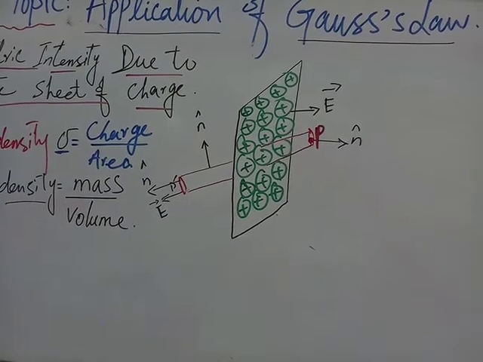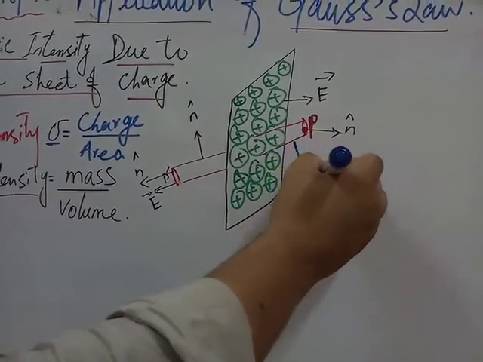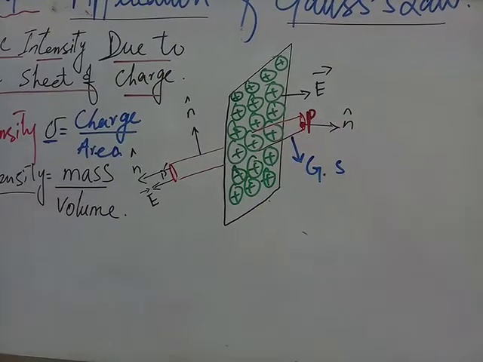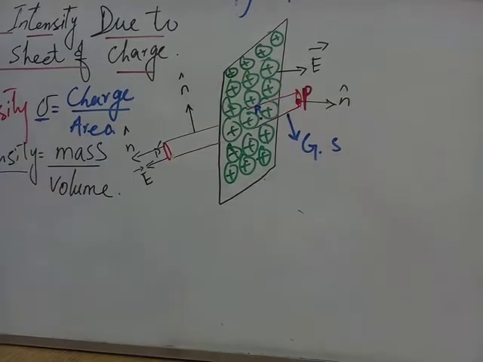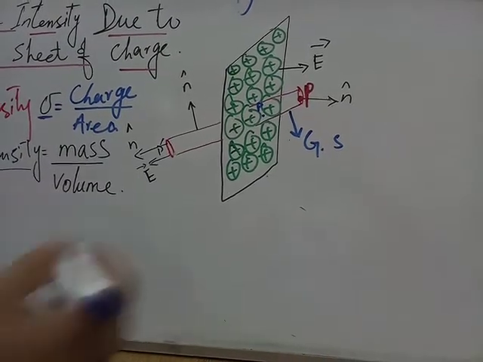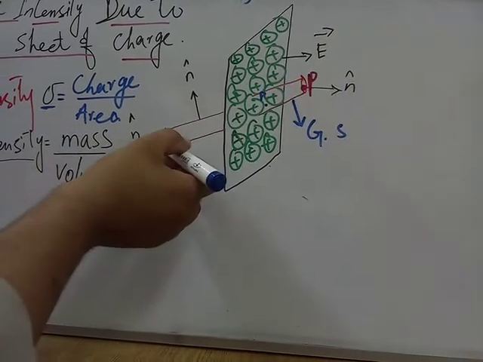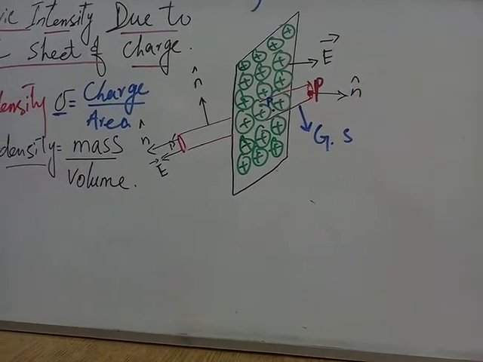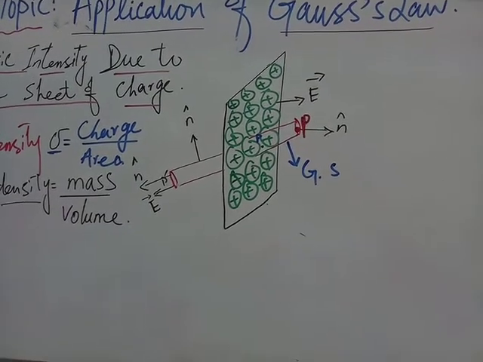So we can make a Gaussian surface. This is a Gaussian surface which contains the point P. Let me say point P can be here. So this is the surface of that point P, and this is P dash. So P is at a distance R from the sheet.